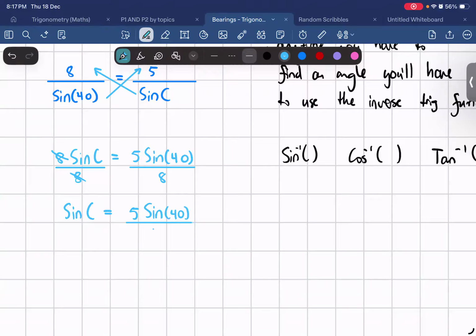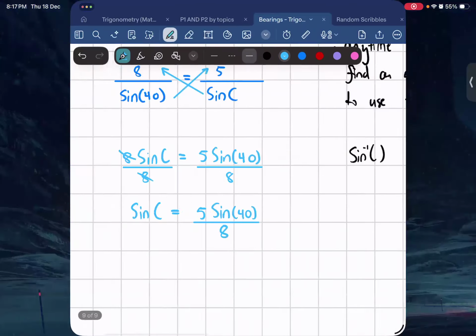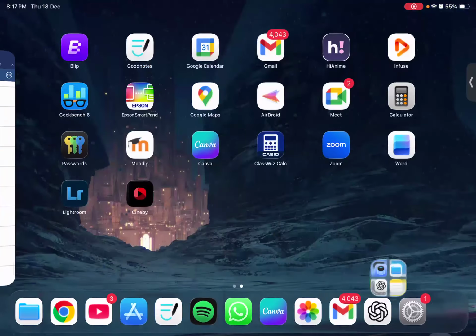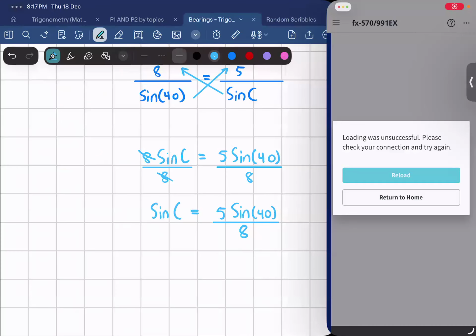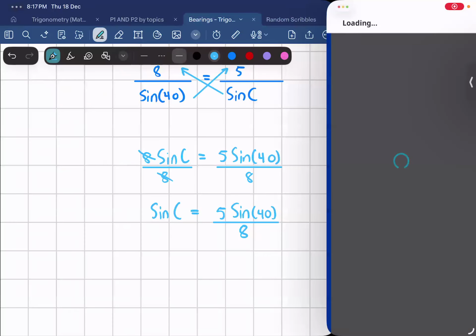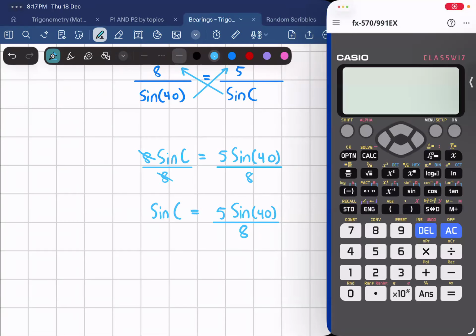Now, for those of you that don't have a Casio, this is what I would recommend. Let me get the Casio real quick. So we're going to put 5 sine 40 into our calculator, all over 8.